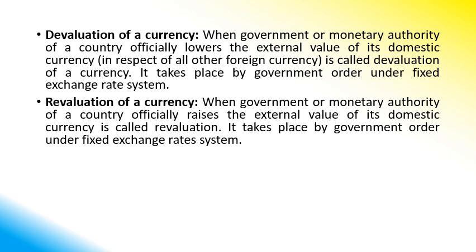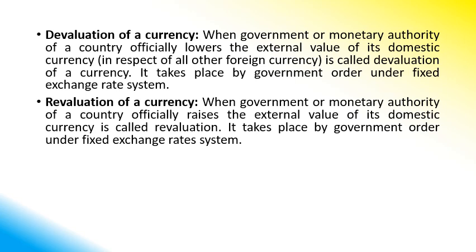Sometimes the question is what is the difference between depreciation and devaluation. Devaluation is under the fixed exchange rate system and is decided by the government or monetary authority of the country. One country brings down its value in respect of the other country's currency. That is known as the devaluation of currency.